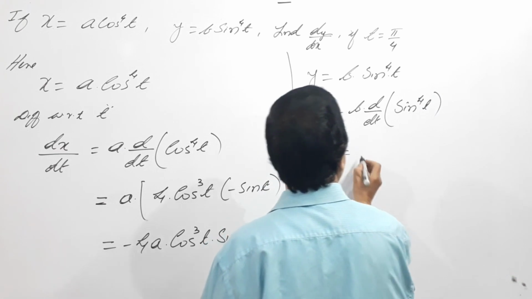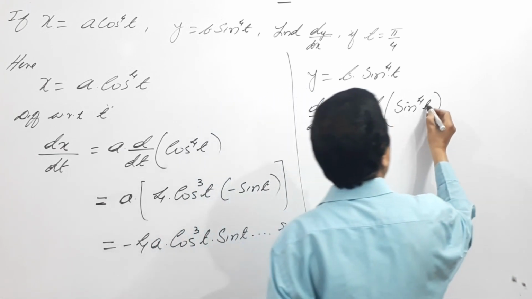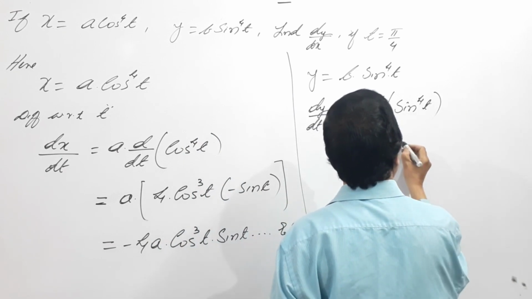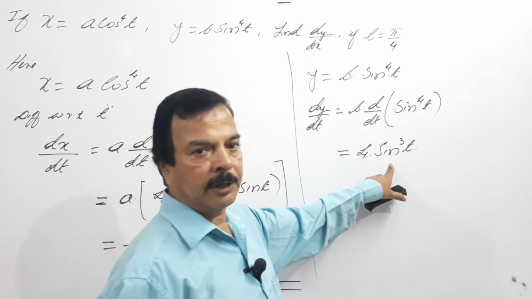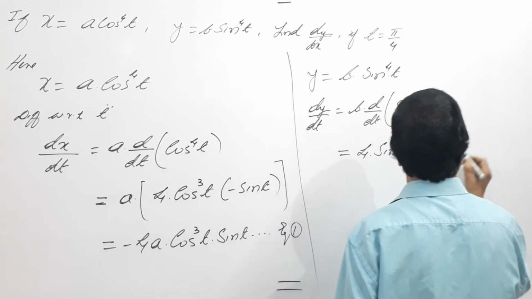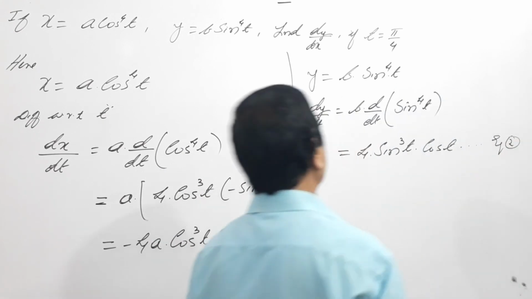So what happens here? You differentiate sin, we get cos. So before that you write 4 into sin cube t into the differentiation of sin, which is cos t. I call this equation 2.